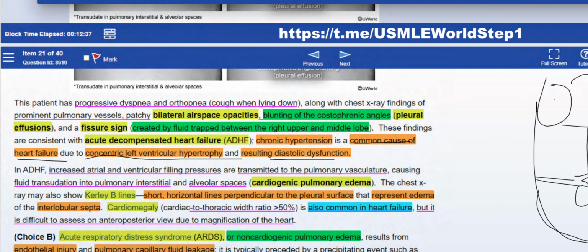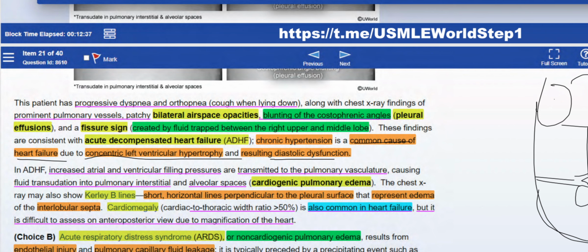Chronic hypertension is a common cause of heart failure, causing concentric left ventricular hypertrophy, resulting in diastolic dysfunction. In acute decompensated heart failure, increased atrial and ventricular filling pressures are transmitted to the pulmonary vasculature, causing fluid transudation into pulmonary interstitial and alveolar spaces, cardiogenic pulmonary edema.